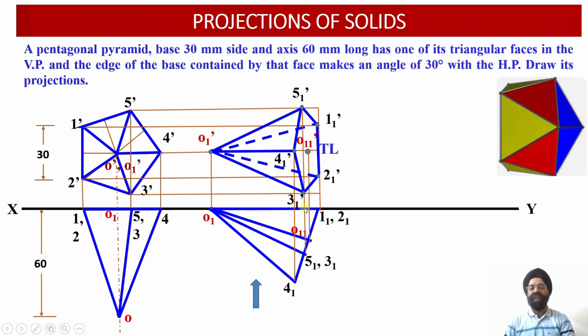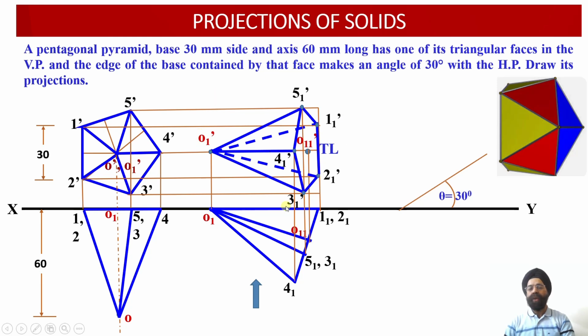That is, these elevation projections that we have obtained, now we have to rotate in such a way that we draw an orientation line at an angle theta equal to 30 degrees. Why do we say this angle is theta? Because onto this orientation line, the true length of this edge 1 1 dash and 2 1 dash will be lying over here.